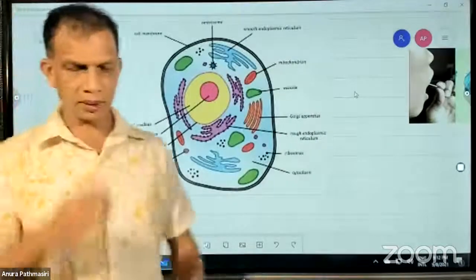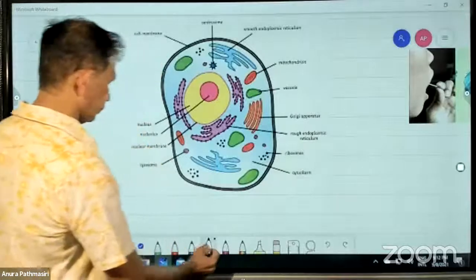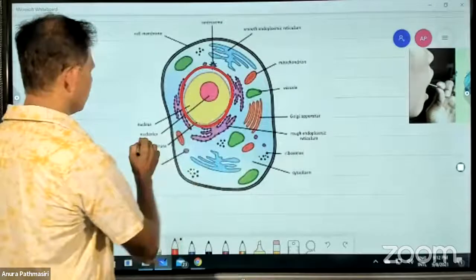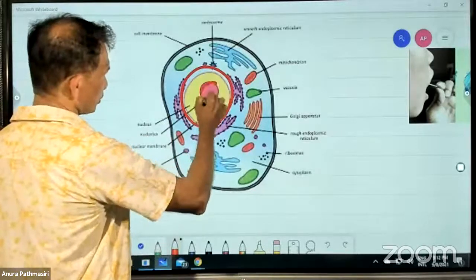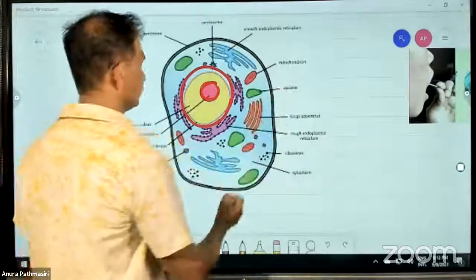As you can see, here is the nucleus, and you can have the nucleolus. This is an animal cell.